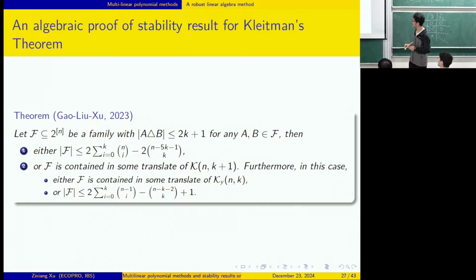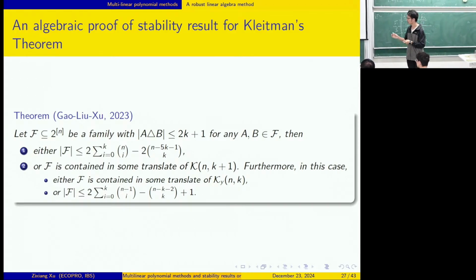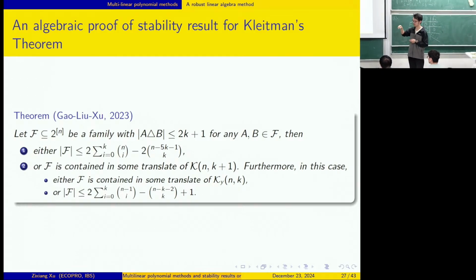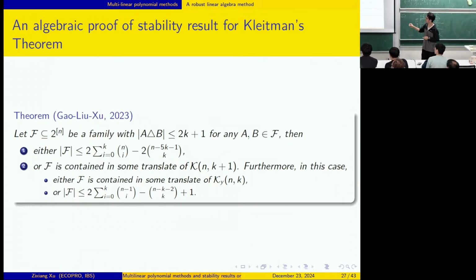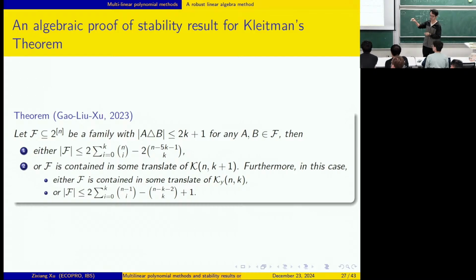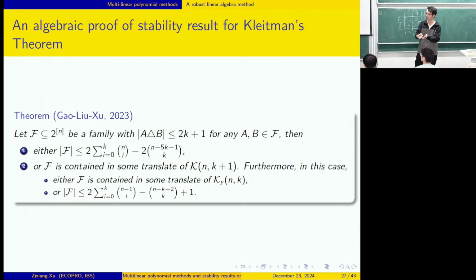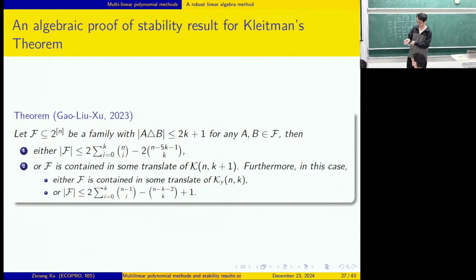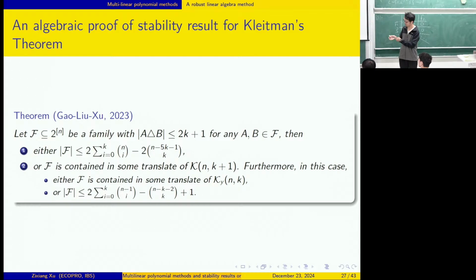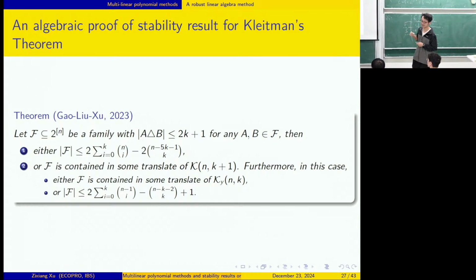Recently we have heard that some scholars also proved a higher-level stability result of the Kleitman theorem: if the family is also not contained in the extremal configuration of Frankl's stability result, then it will be smaller.